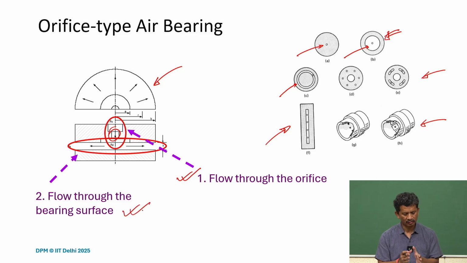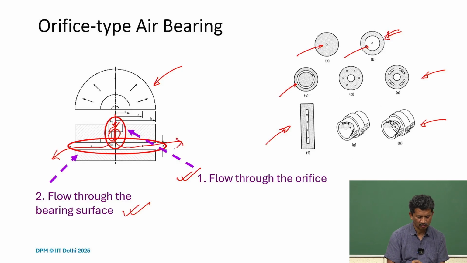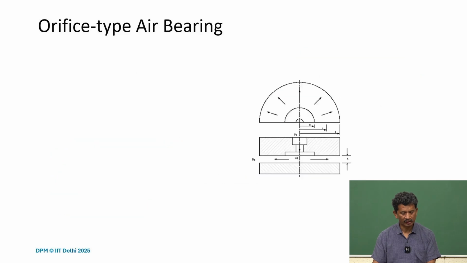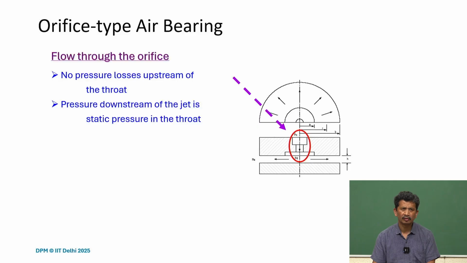So basically we are looking at these two fluid flows. It is supplied through this, and then it is just discharged to the atmosphere.